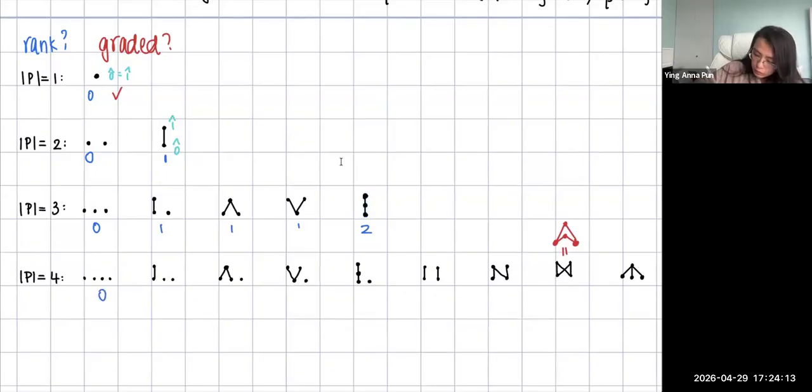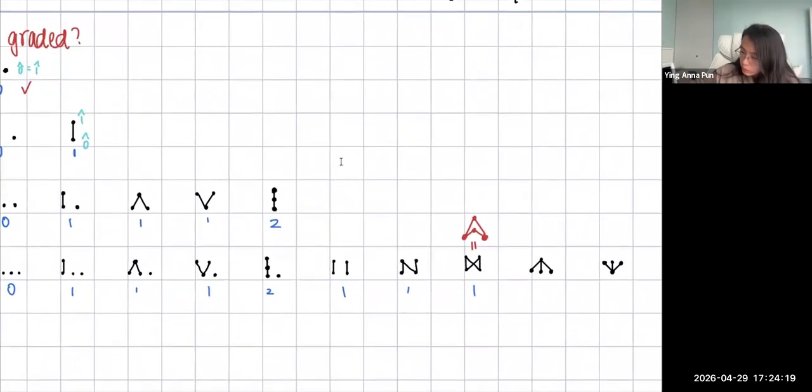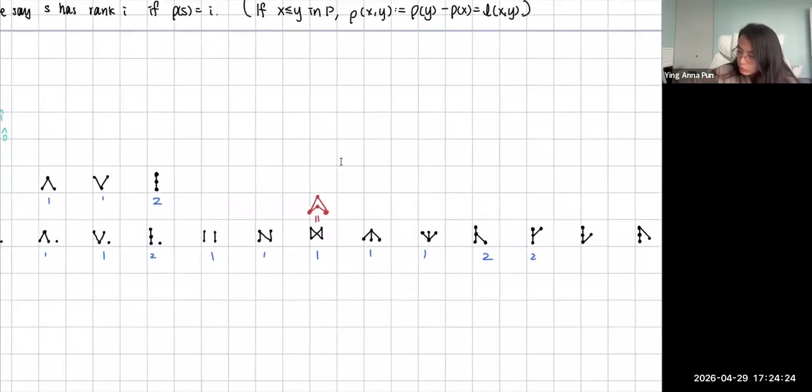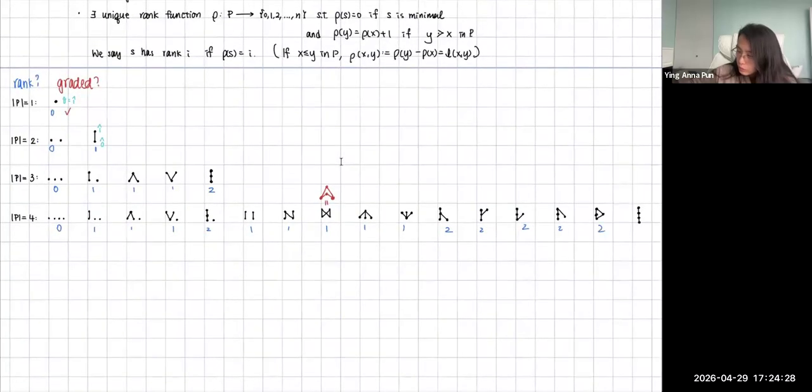And then here 0, 1, 1, 1, 2, 1, 1, 1, 1, 1, 2, 2, 2, 2, 2. Oh, sorry. Yeah, 2 and 3. Right. So you can find the rank of all posets like that.